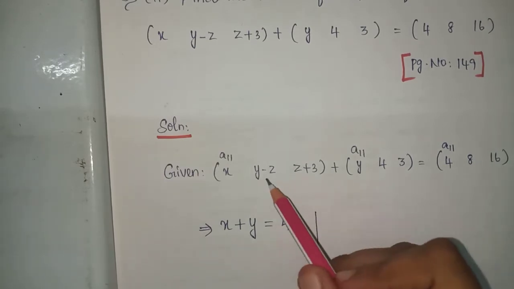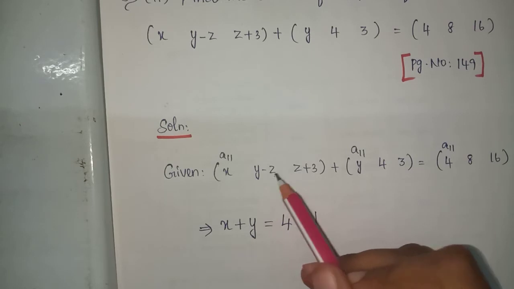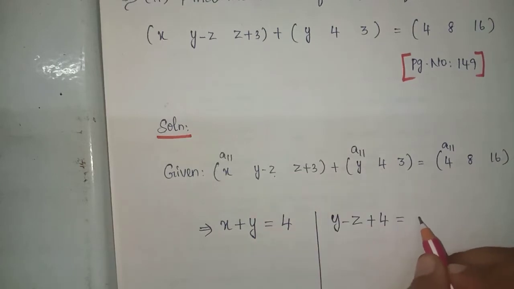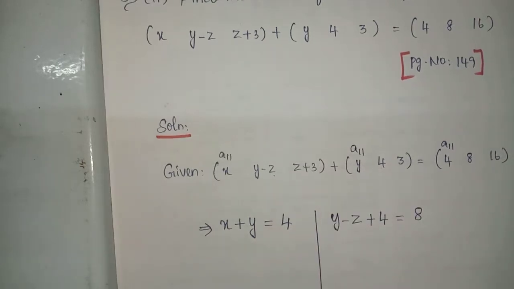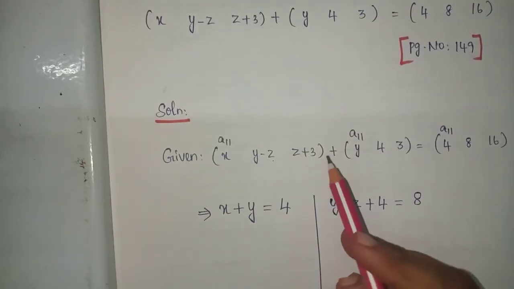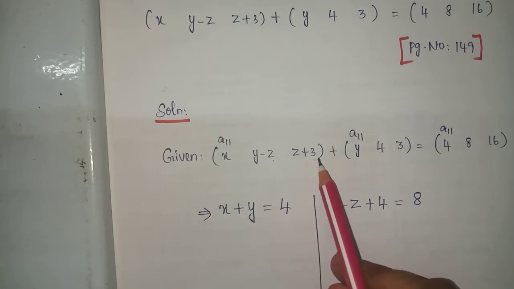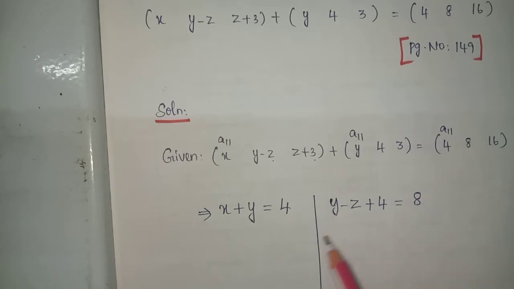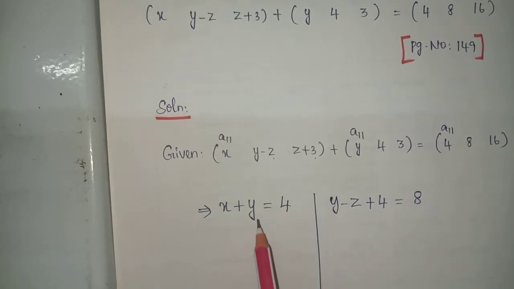The next step is y minus z is equal to 8. This is your second equation. Then equate z plus 3 is equal to 16.